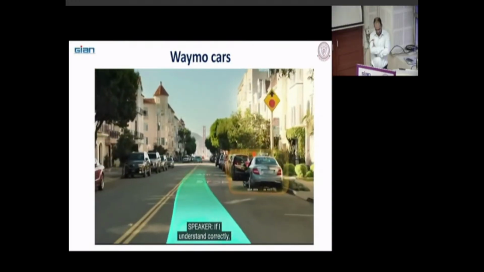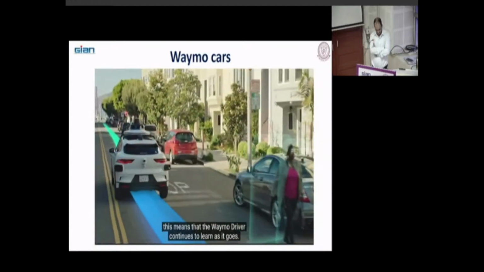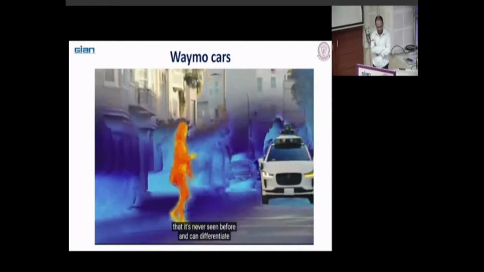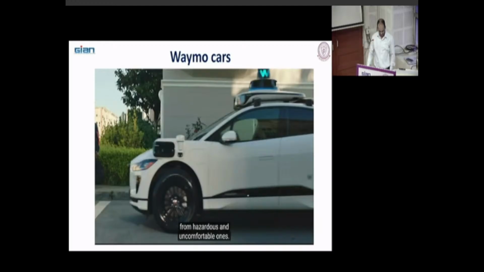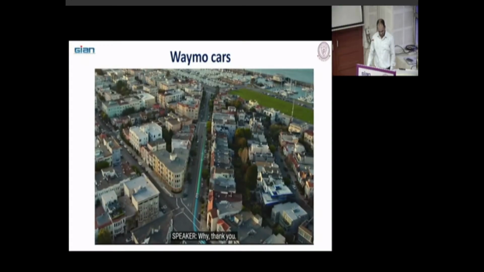If I understand correctly, this means the Waymo driver continues to learn as it goes, is trained and tested on scenarios that it's never seen before, and can differentiate safe and comfortable driving behaviors from hazardous and uncomfortable ones. Yes, well done. Why, thank you.